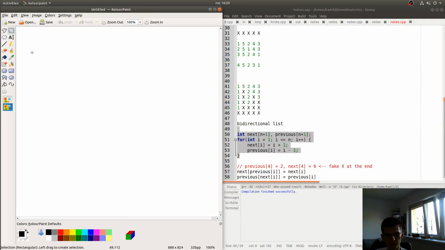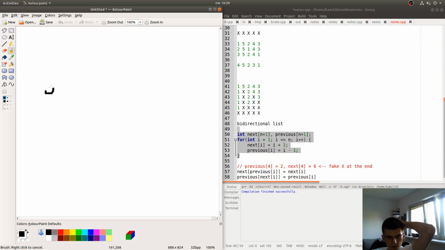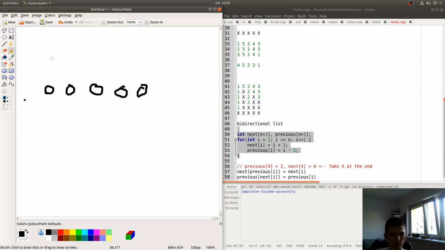So maybe here. If we start from some sequence of numbers, very beautiful drawing, for every number we know where is the next one and where is the previous one.